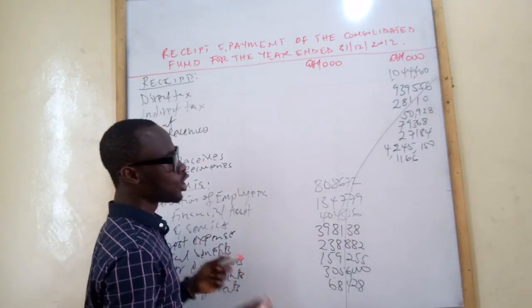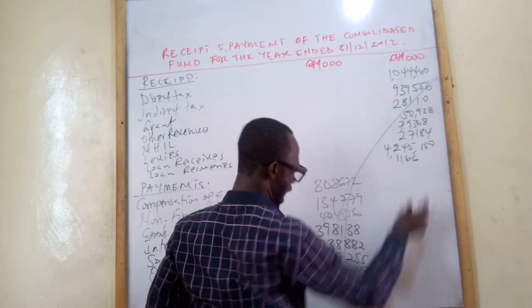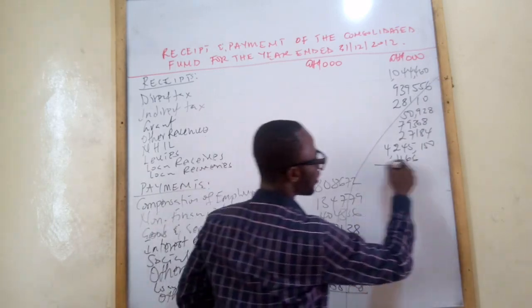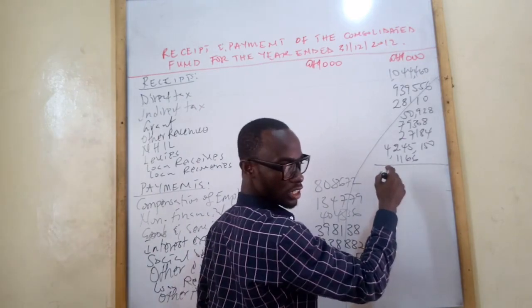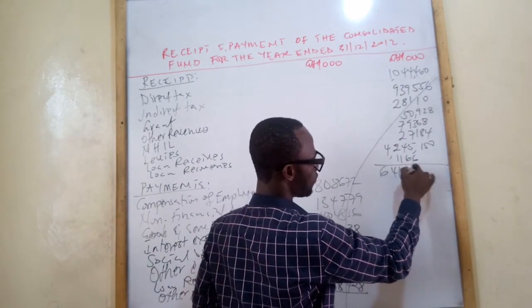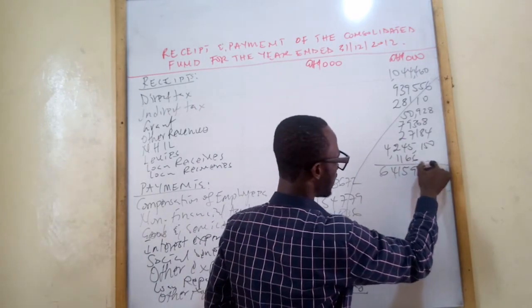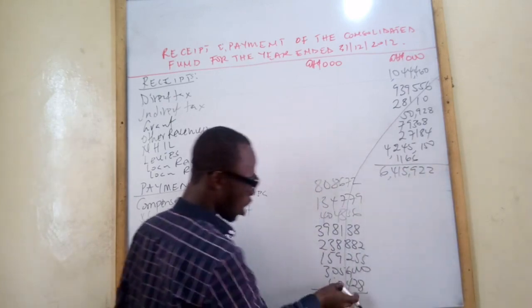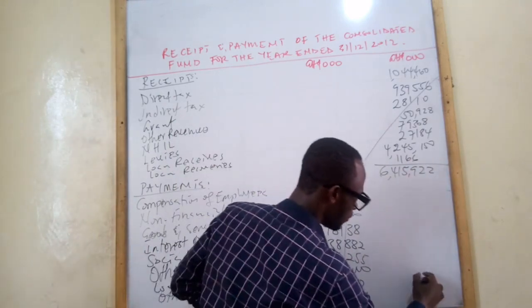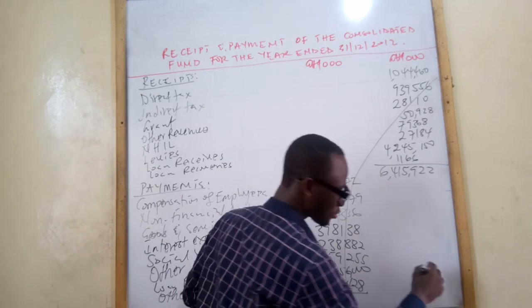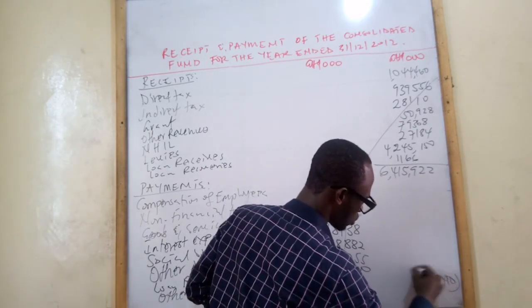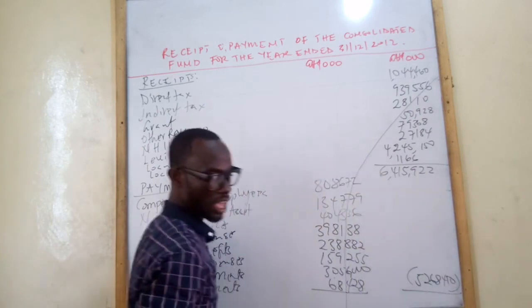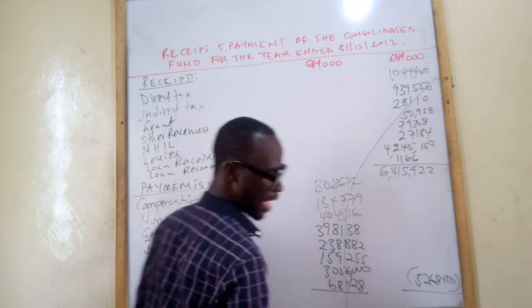And we are done. So what you do is to add all the payments, add all the revenue. So all the revenue will be total receipts, and that will be 6,415,922. And all our payments will be 5,268,490. So when we less that, that will give us a total excess.